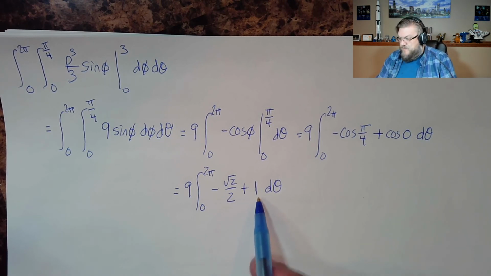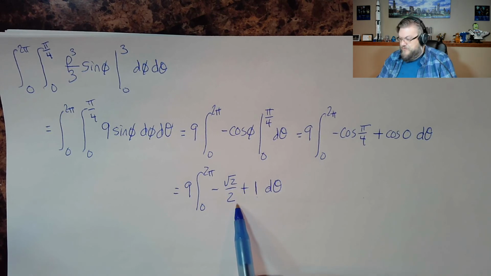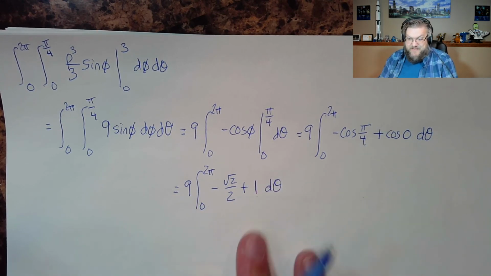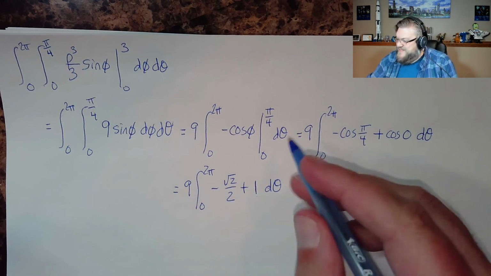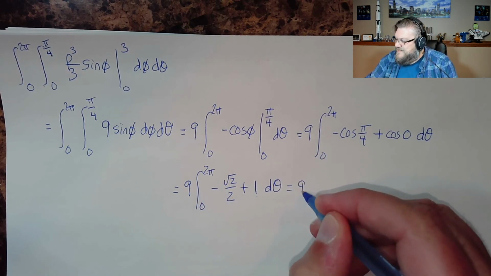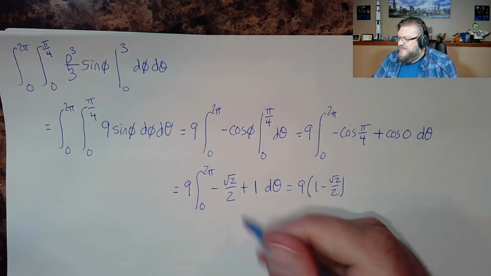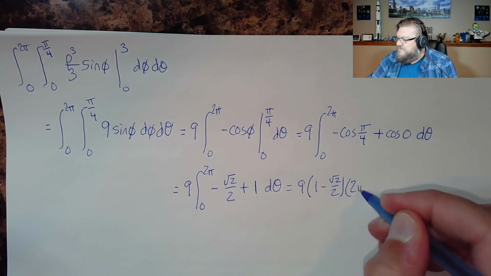Yeah, I mean, it's an ugly number. It's 1 minus root 2 over 2. But this is a constant. It'll multiply with a 9, and then I get the integral from 0 to 2 pi of d theta, which just gets me a 2 pi. And so this is going to be 9 times 1 minus root 2 over 2, that constant comes out, and then times 2 pi.